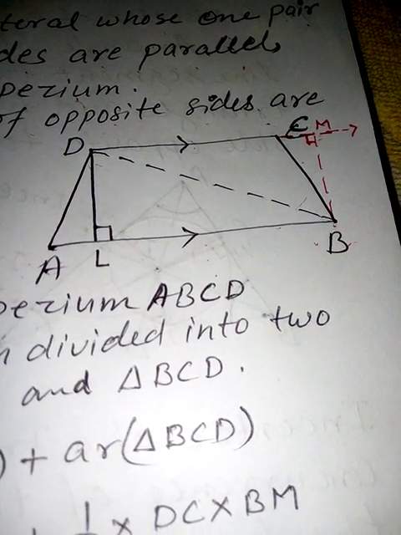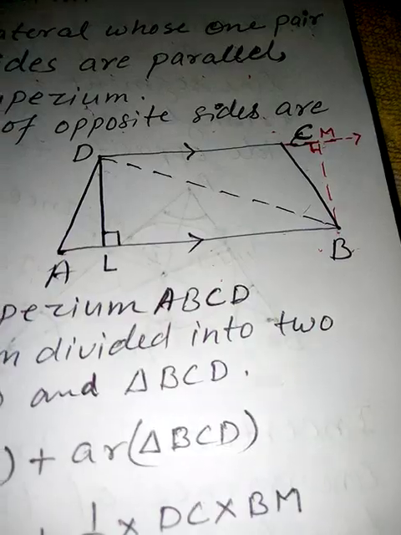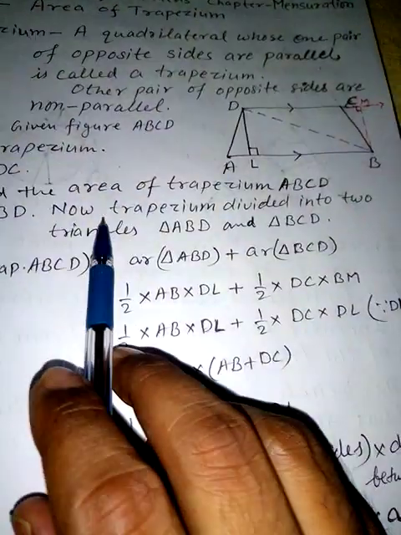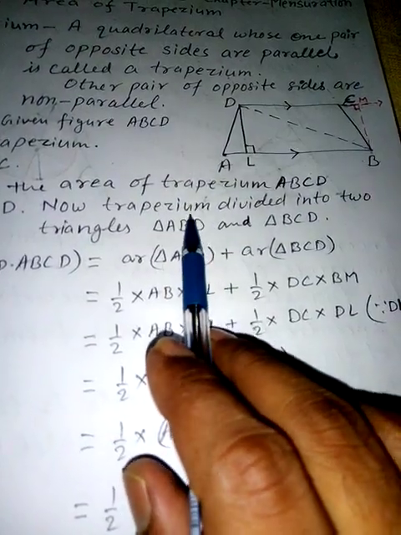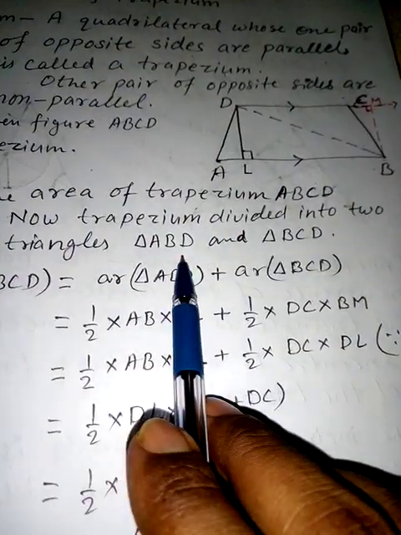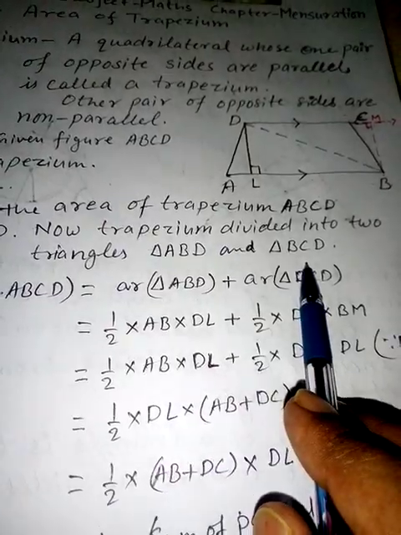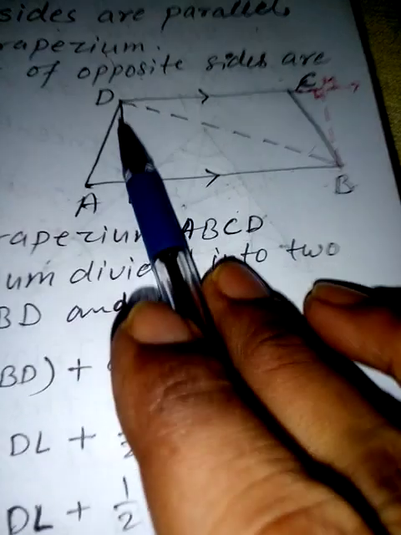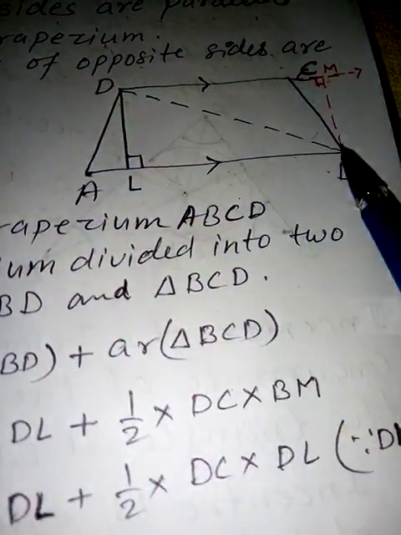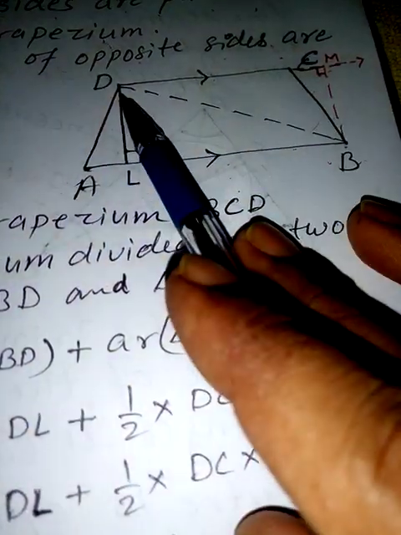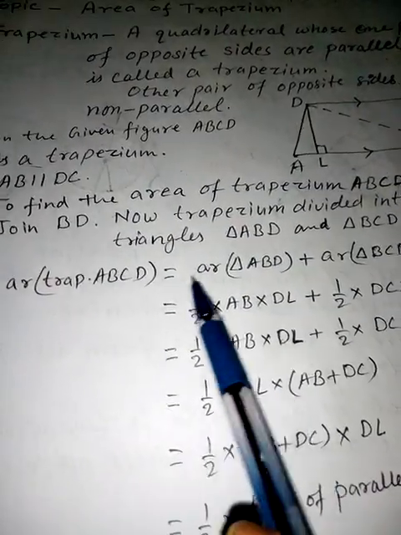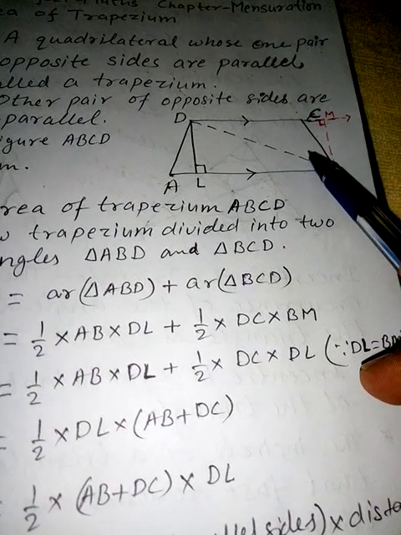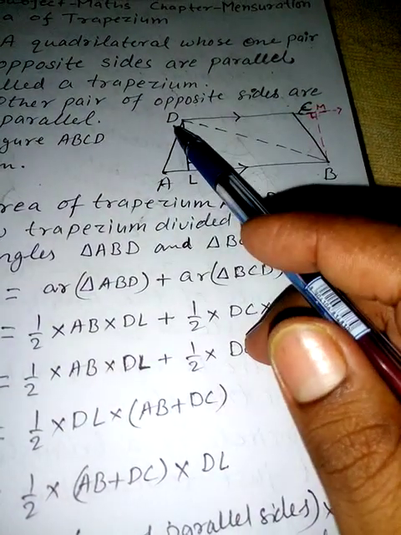Now the area of the whole trapezium ABCD equals the area of triangle ABD plus triangle BCD.